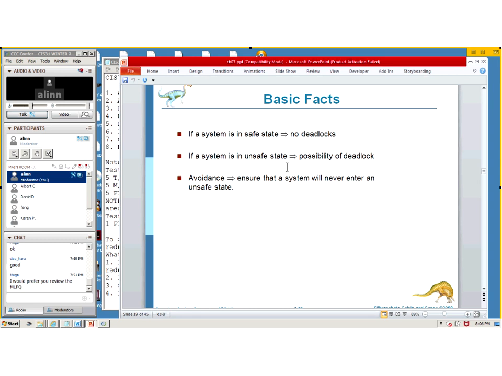If it is, you don't honor that allocation. So you stay in a safe state. And that process would just have to wait, in the wait state, until another process releases the resource that it was trying to allocate. And that's the definition of avoidance: ensure the system will never enter an unsafe state.